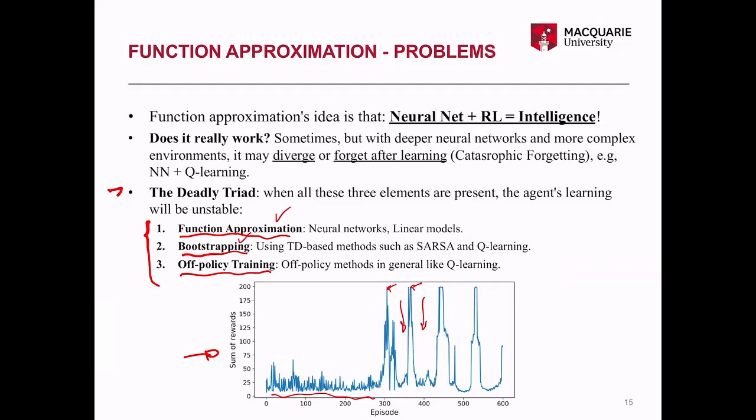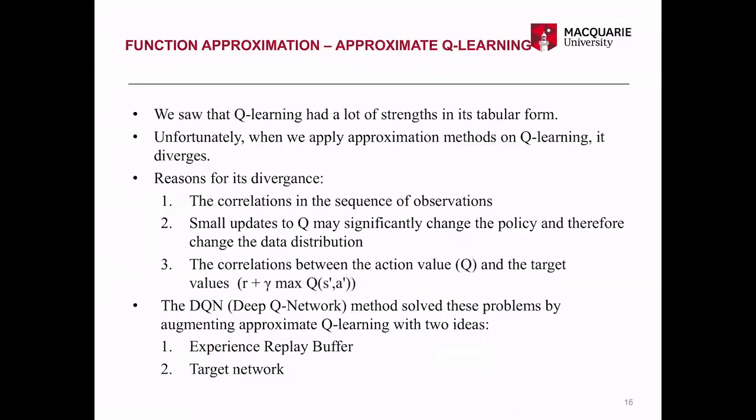Now we can solve the deadly triad by introducing some extra components, which is the topic of our DQN method. So yeah, we saw that Q-learning had a lot of strength in tabular form.